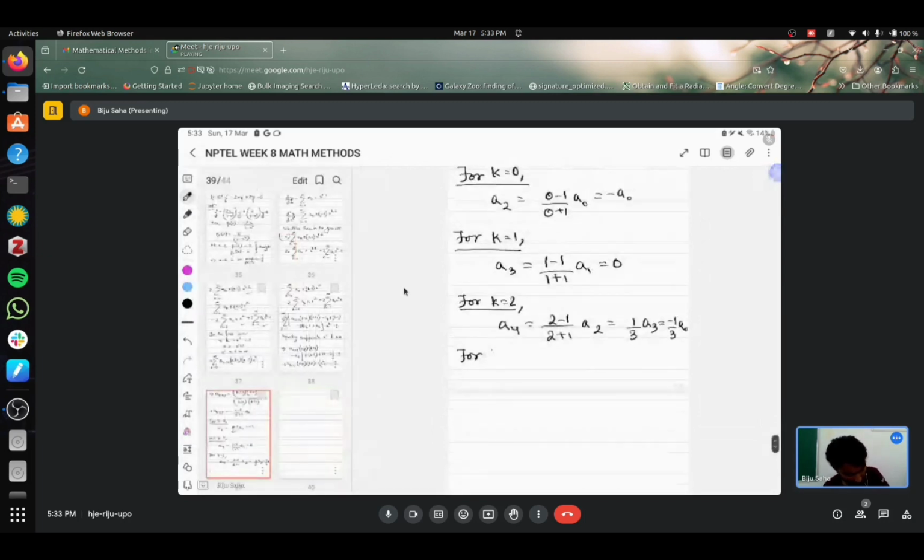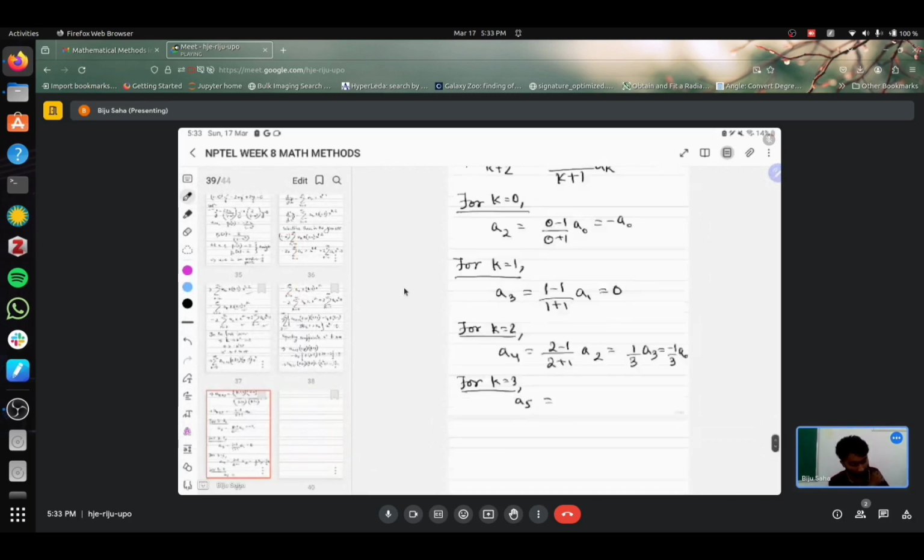for k equal to 3, again you have some multiple, but a3 you have again, so that is equal to 0.